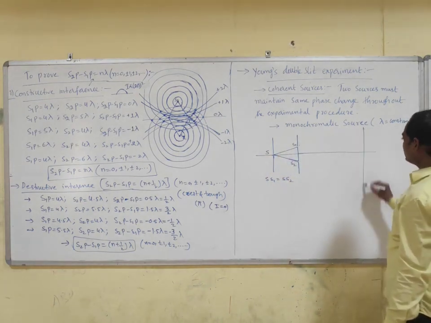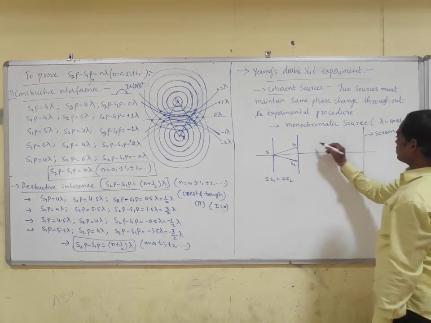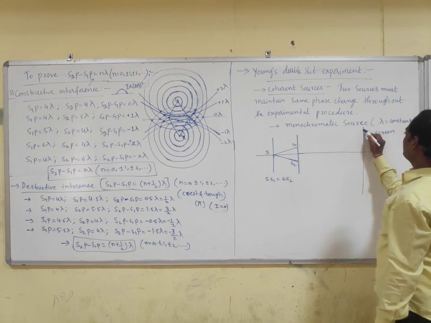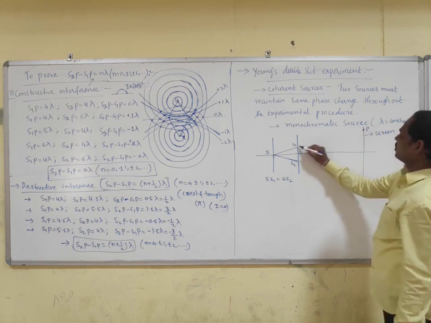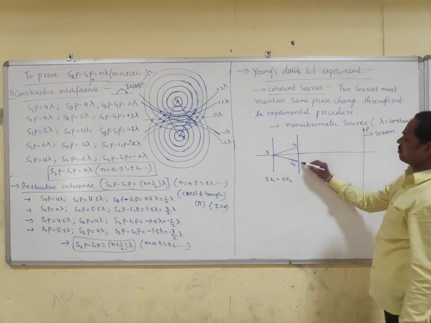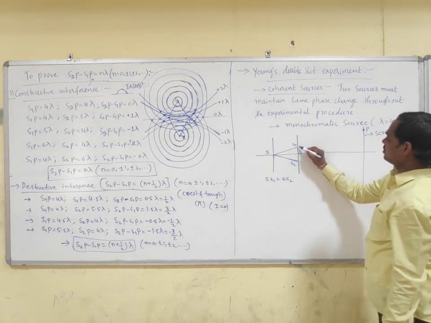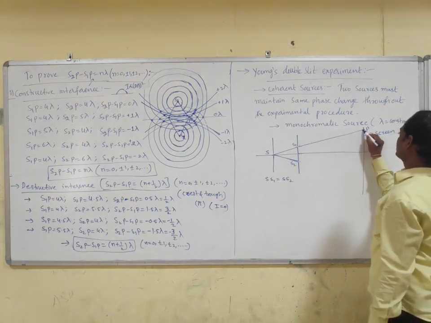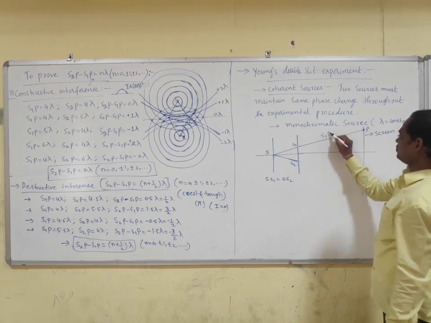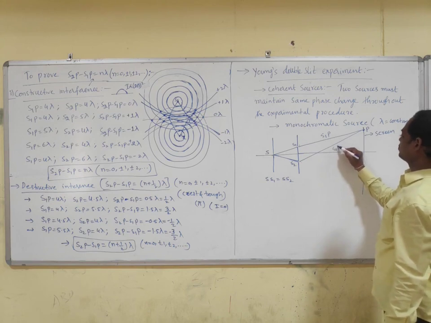And next, this is the screen. If you take a point P, from S1 wave is reaching the point P, from S2 wave is reaching the point P. Then we will take this as S1P and this distance as S2P.